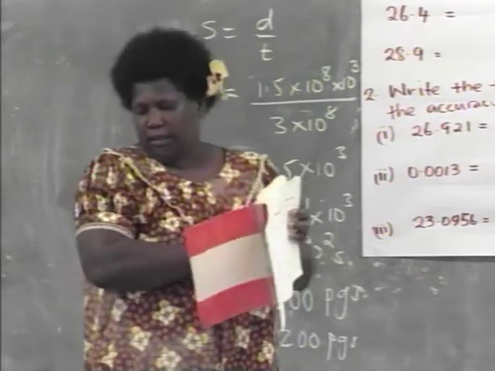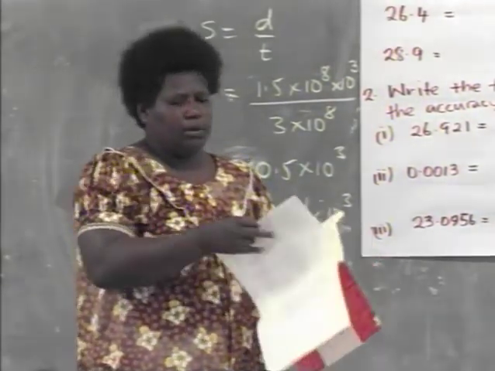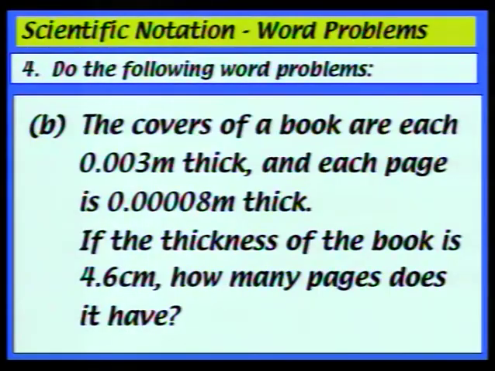Each of these pages, so 1, 2, I will not count all of them, 3, each of them are 0.0008 of a meter thick. Sorry, it should be 4 zeros.